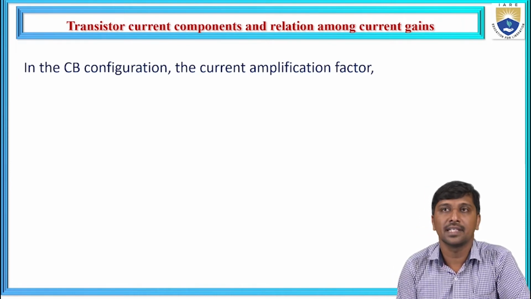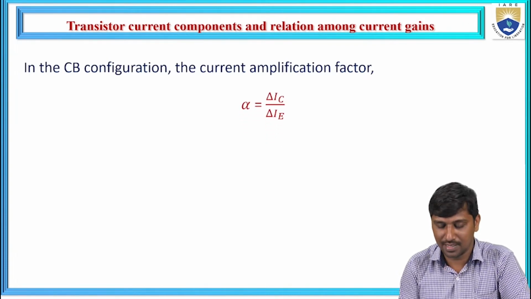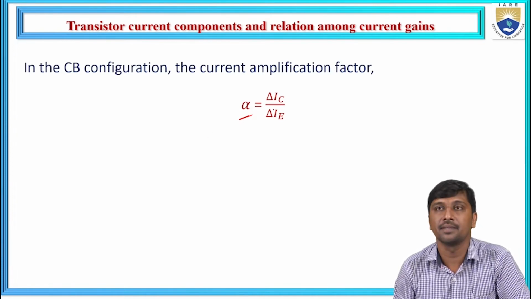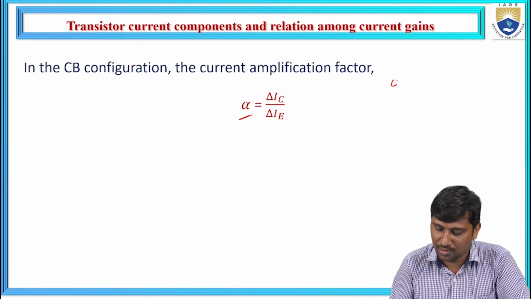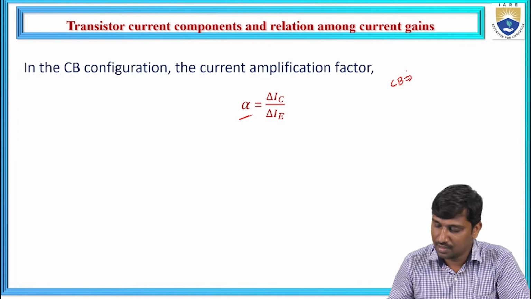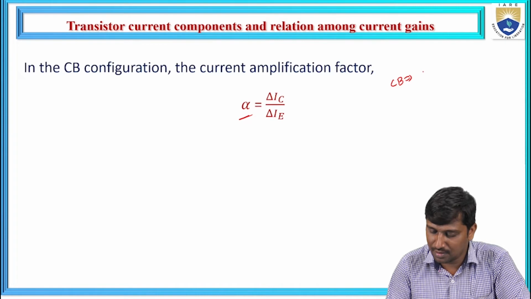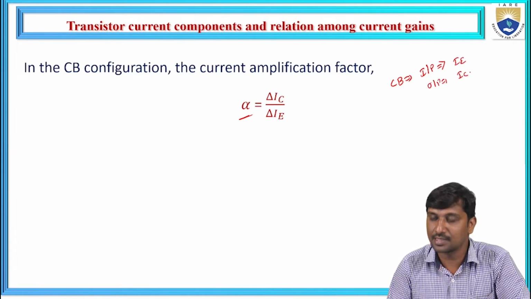In the common base configuration, the amplification factor or DC current gain is defined as alpha, the ratio of output current to the input current. In a common base configuration, the input current is the emitter current and the output current is the collector current.